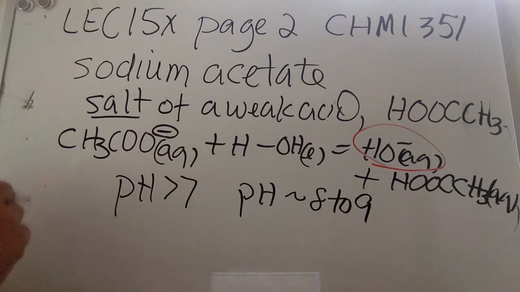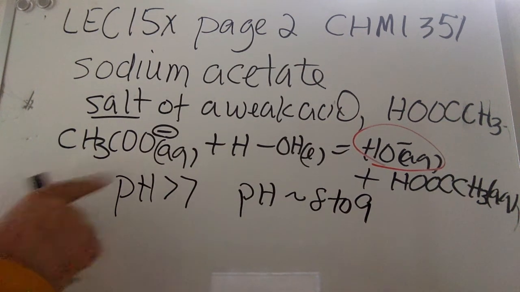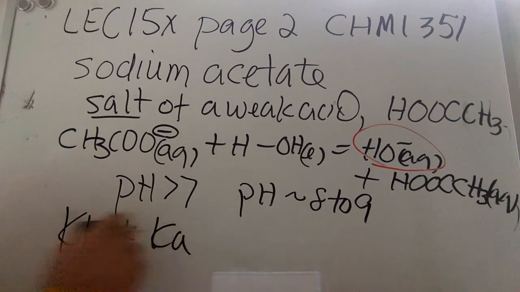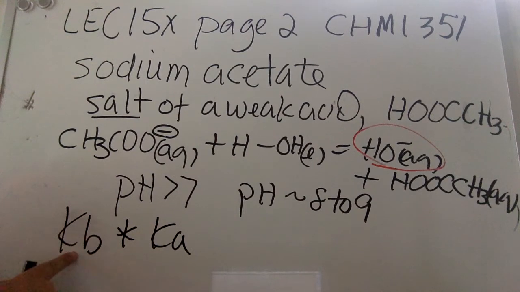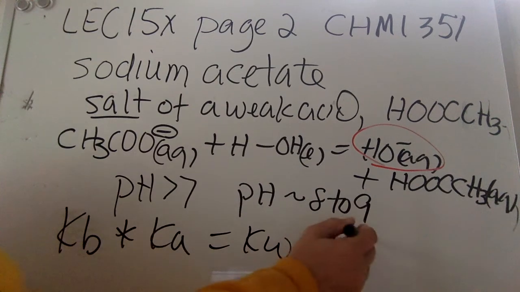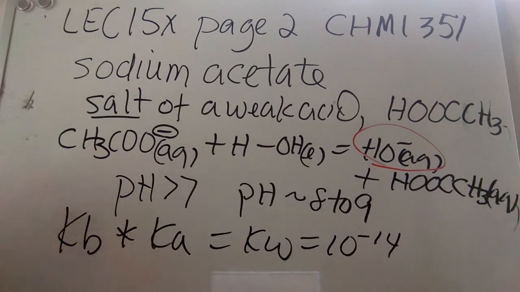So the question is, well, how strong of a base is this? If we suggest that, then we should be able to find out what the Kb is for the acetate ion. Well, the Kb is related to the Ka for acetic acid. So there's the conjugate, acetate, acetic acid, that equals my Kw. And we know Kw, for all practical purposes, is 10 to the minus 14.